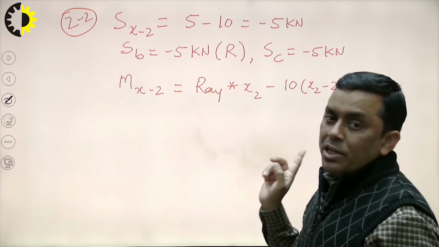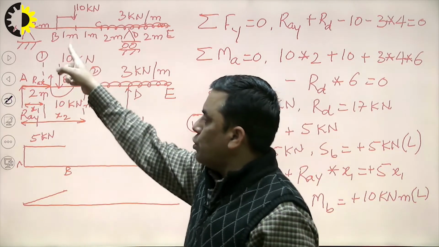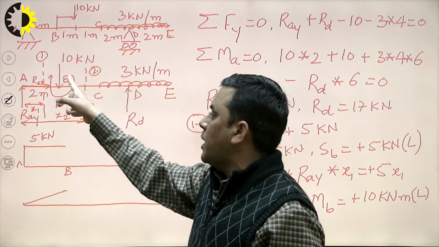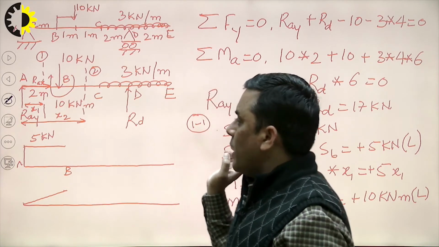So why are we getting two values of shear force at point B? Because the point load of 10 kilonewton on the left side of the section plane is not considered, while on the right side it will be considered. That is why we are getting two values.